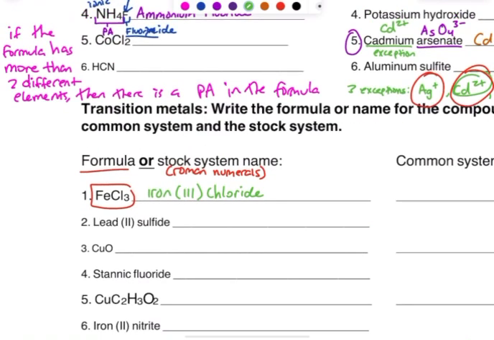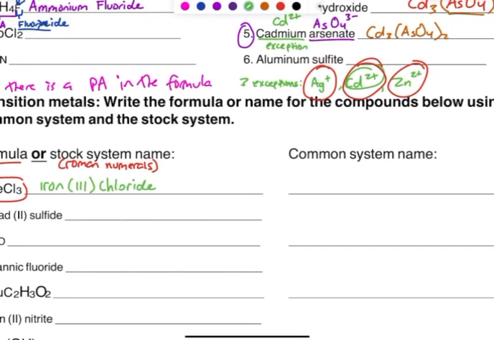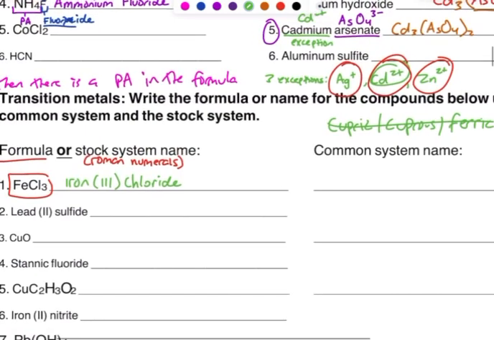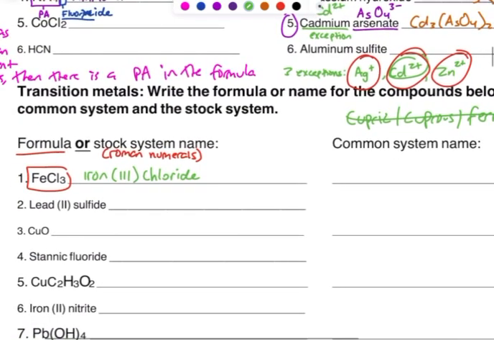Okay, next. Common system name. This is where you're going to use cupric, cuprous, or ferric, ferrous, etc. That's in the table found on your PowerPoint. The common system name is going to take the prefix of iron, which you should know by now, is ferr-.